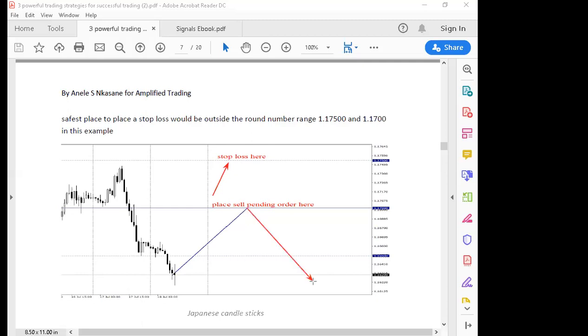Okay. So the market duped me, or I duped myself rather.